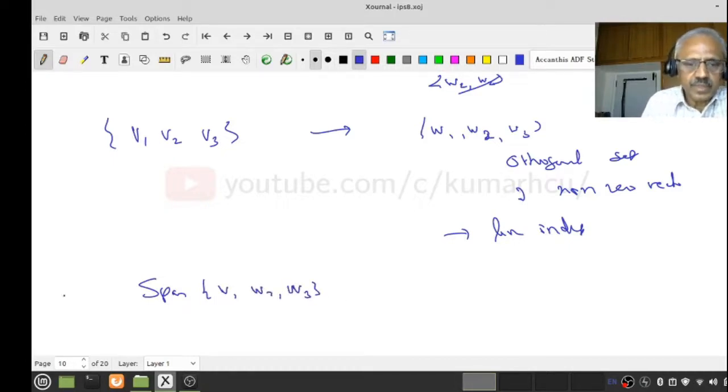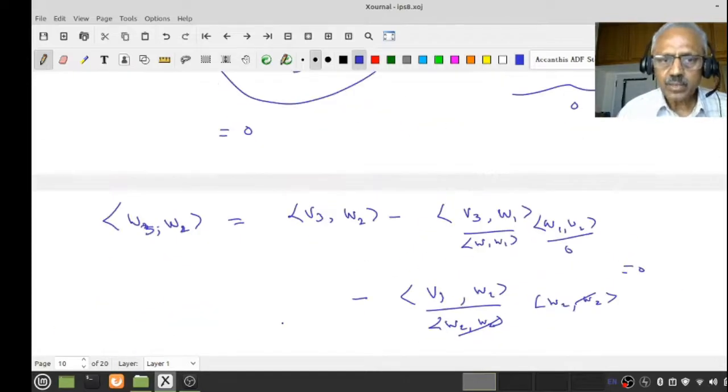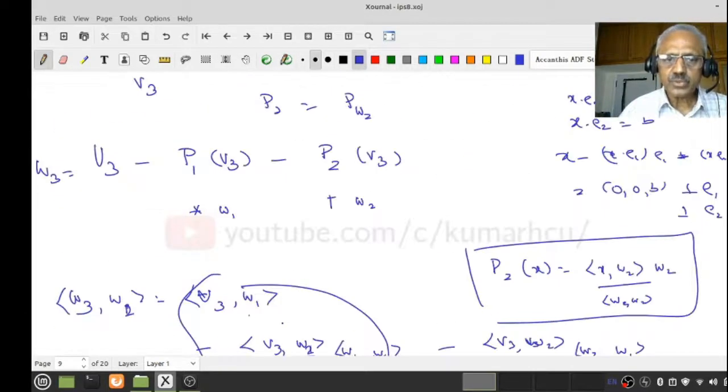So, like last time, remember, W1 belongs to the span of V1, V2, V3, and we already know W1 and W2 are in the span of V1, V2. Now let's look at W3. W3, as we saw, is a linear combination of V3, W1 and W2. But W1 is nothing other than V1, and W2 is a linear combination of V1 and V2.